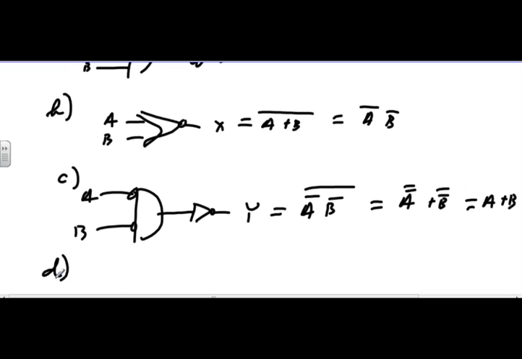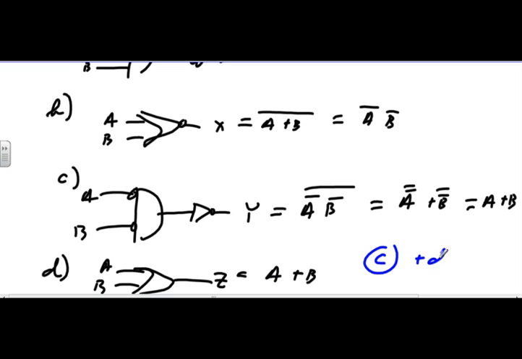And the D one, well, that was the C one. The D one is A, B, Z, where Z is equal to A or B. So C and D are the two that are equivalent.